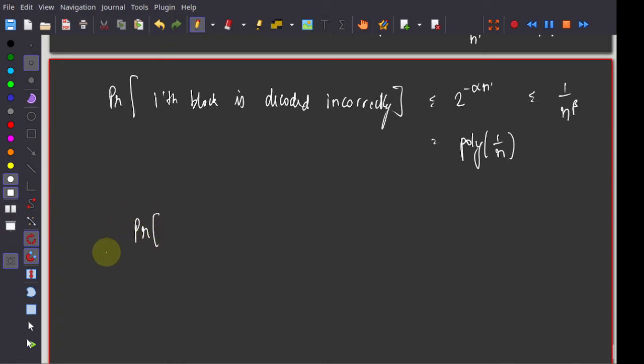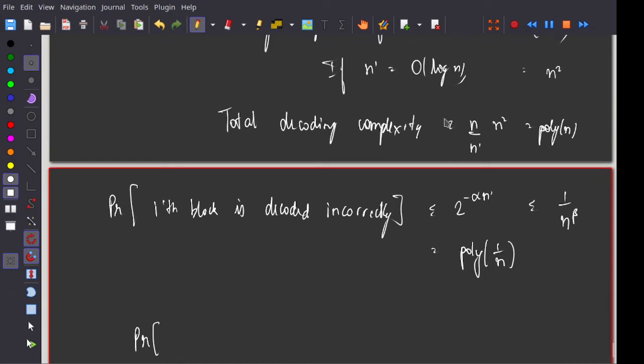Now, when do we say that decoding is actually successful? It's successful only if all the blocks are decoded correctly. Correct? Now, if I want a small enough complexity, then I have to pay a price in terms of the probability of error.